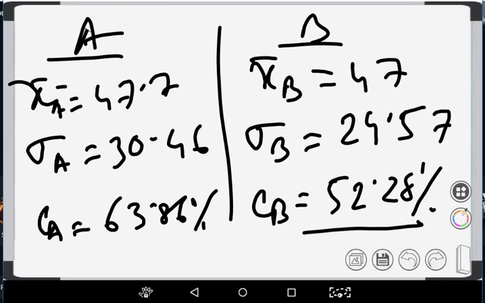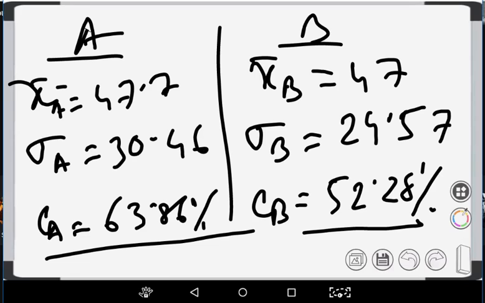So player B is more consistent. That is the decision. For this case, you have to find out the coefficient of variation.